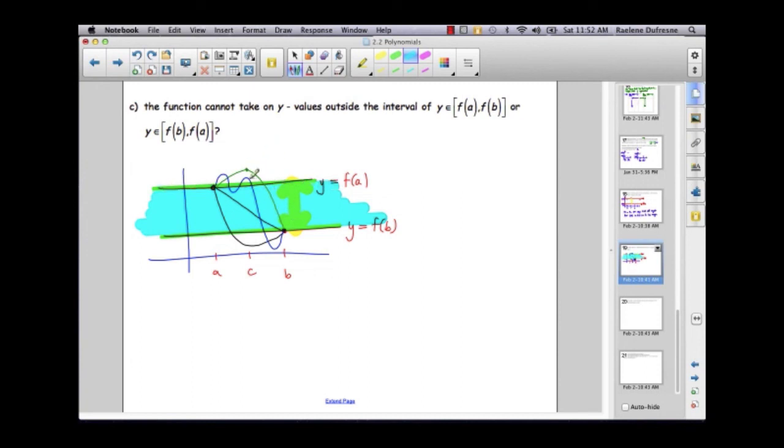But we can still go beyond the range, go higher or lower than the two known y values for the two given x values. So the intermediate value theorem does not say that the graph cannot go higher or lower than these boundary values.